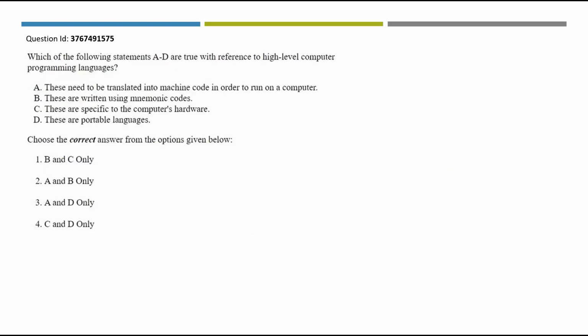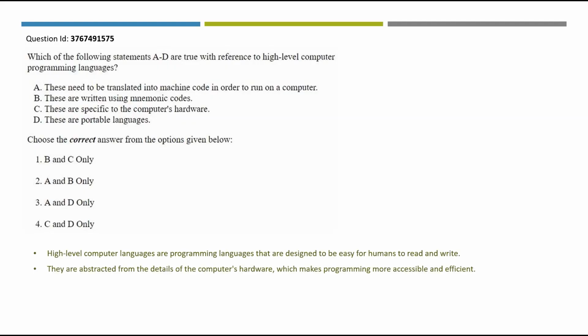Next question. Which of the following statements A to D are true with reference to high-level computer programming languages? High-level computer languages are programming languages that are designed to be easy for humans to read and write. They are abstracted from the details of the computer's hardware, which makes programming more accessible and efficient. Let's check the statements now.